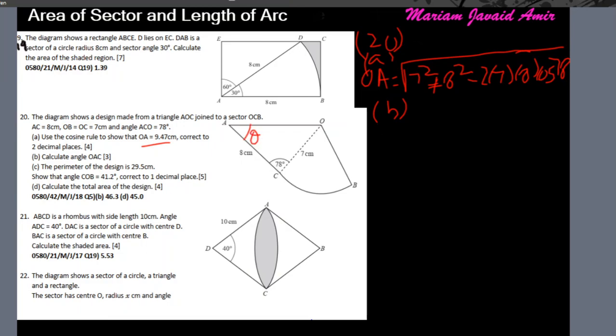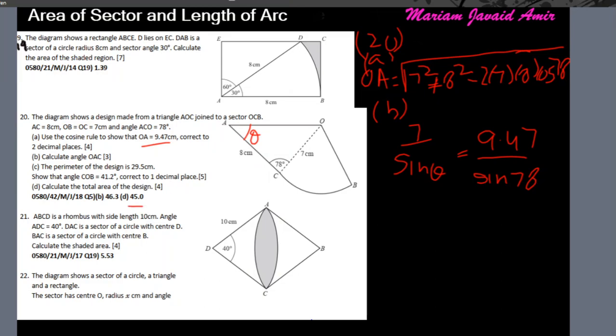We need this angle, so for that we will use 7 over sine theta equals, we have OA from the previous part, 9.47 over sine 78. Solve this and you will get theta equals 45.0 rounded off.